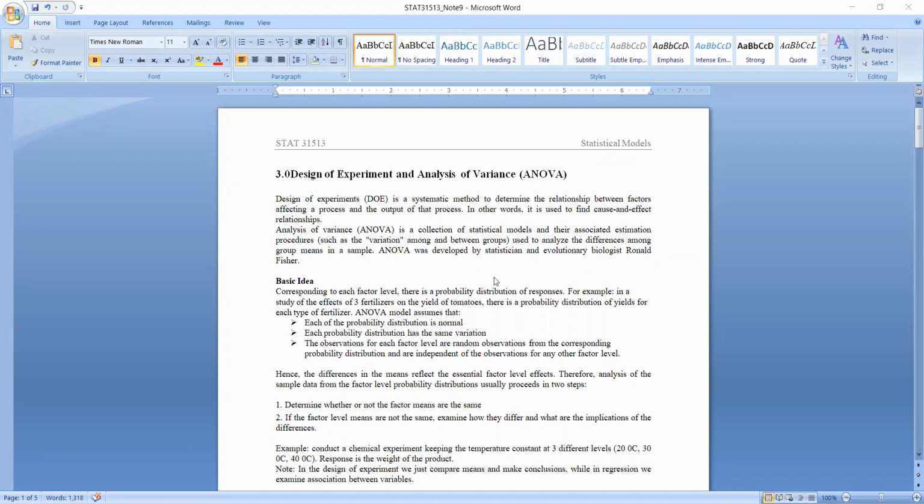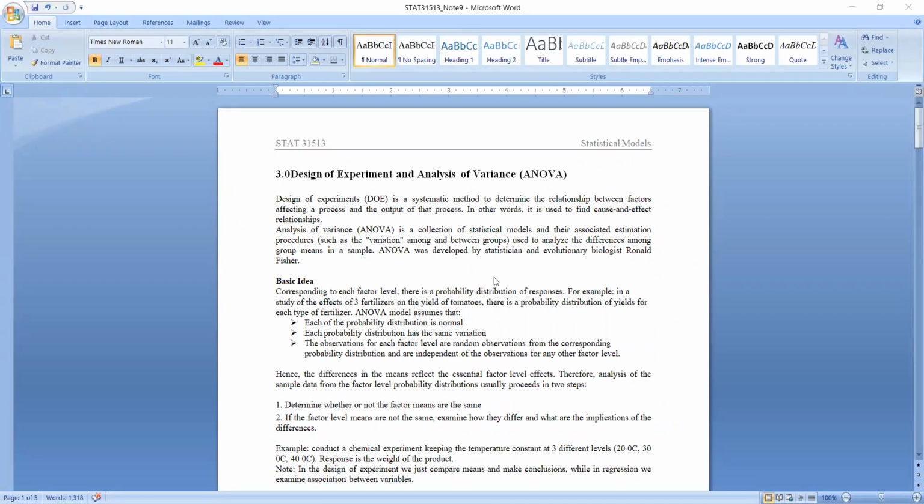When it comes to design of experiment, it's a very systematic method where we deal with factors. In our process, there are different factors, and these factors are affecting our process. So we are conducting design of experiment in order to find the cause and effect relationship.